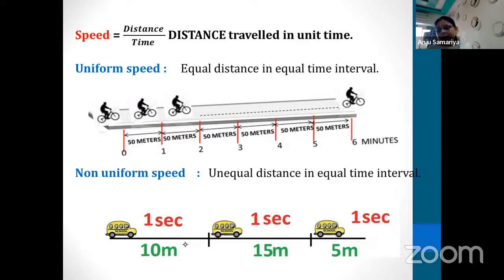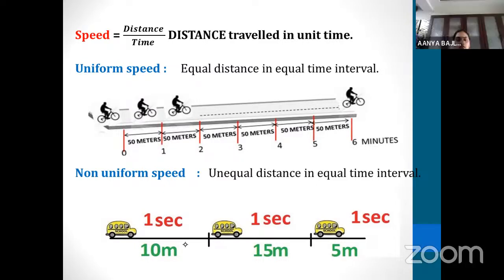So in this condition, what happens? There is an instantaneous speed. अगर मैंने आपको पूछा कि at the end of the second, what is the speed? तो स्पीड आप बोलोगे 15 मीटर पर सेकंड. थर्ड सेकंड में कितना हो गया? 5 meter per second. The speed is changing. Are you getting my point, Anya?